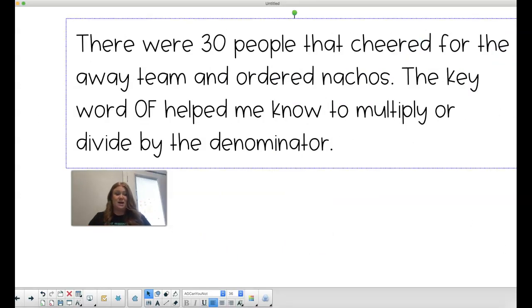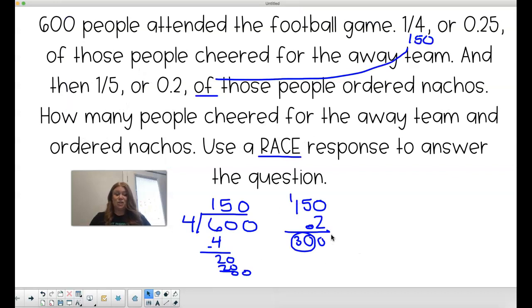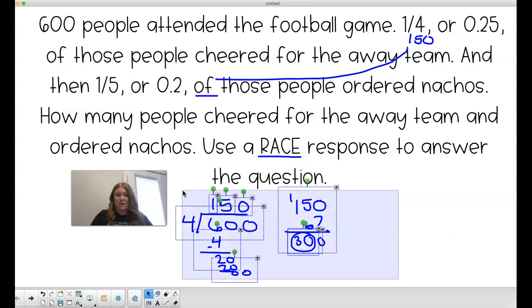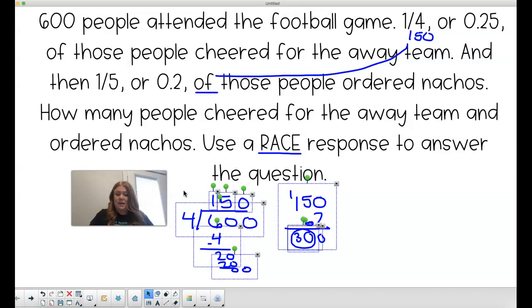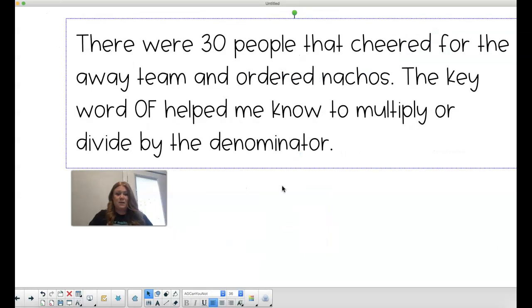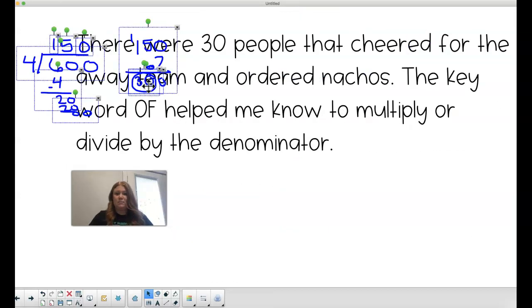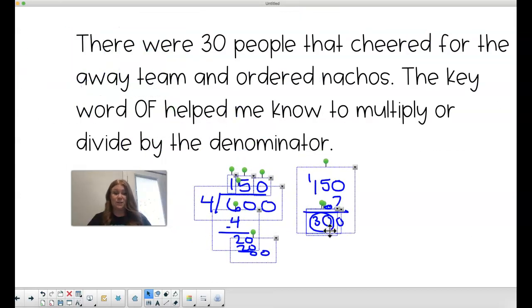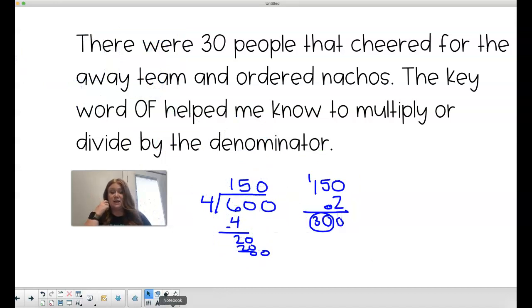And then I would attach a picture of my work here. So I will get a copy of my work and copy and paste. Now what I want to do is go back, make sure here is my R, restate the question. So there were blank people that cheered for the away team and ordered nachos.